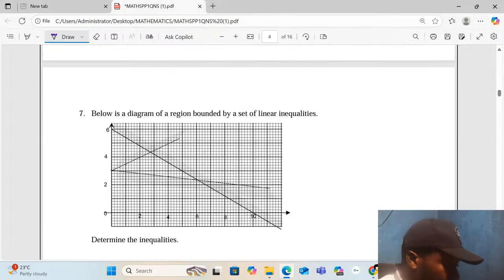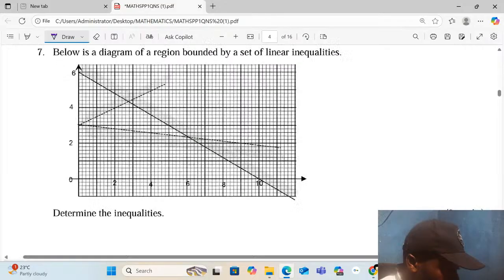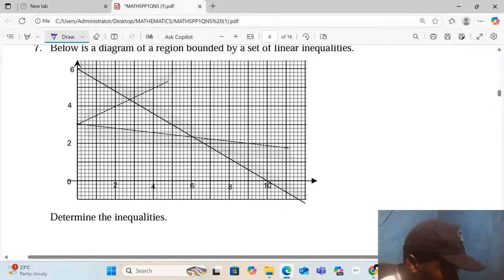So you can move to this question number 7, a question on linear inequalities. You can see we have the wanted and unwanted region. You can see the shaded region, though it's not very clear, but you can see some shaded region.